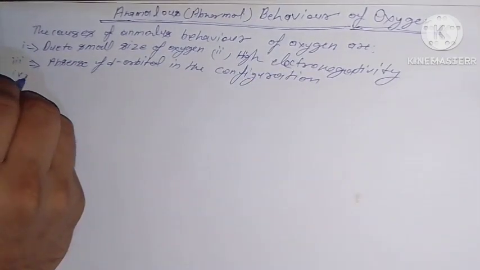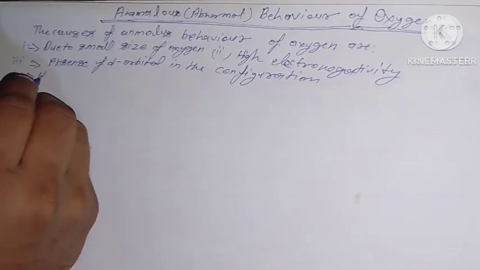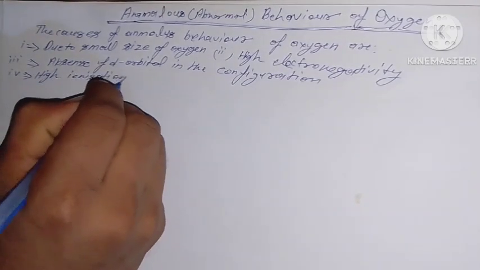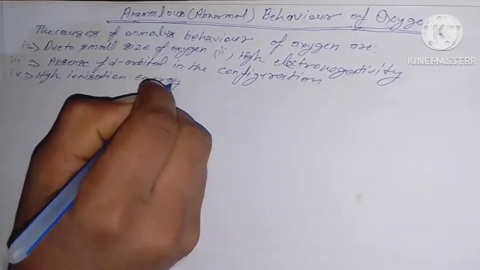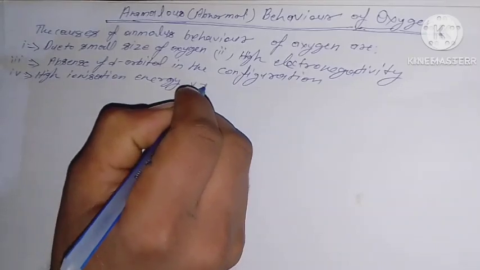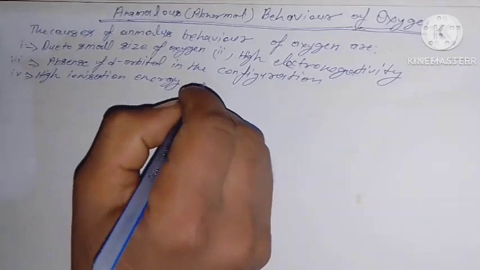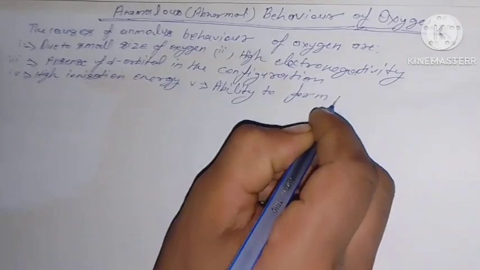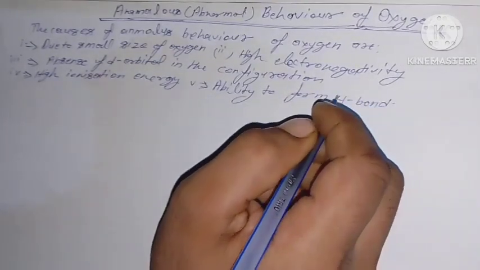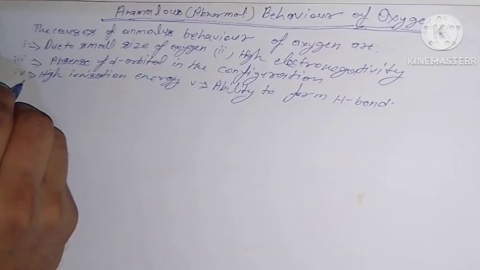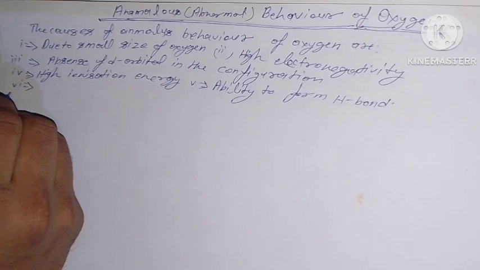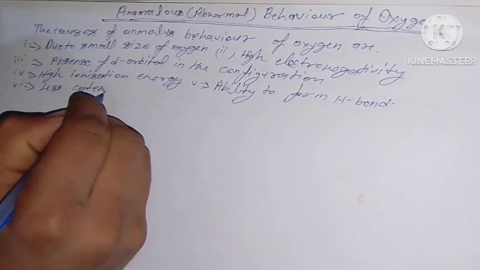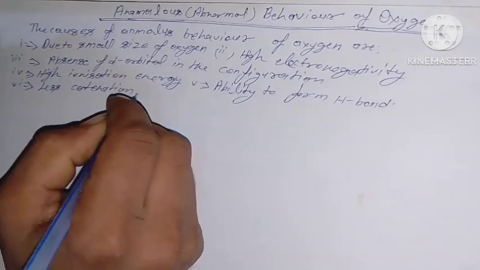High ionization energy. Fifth point, ability to form hydrogen bond. Sixth point, less catenation property.